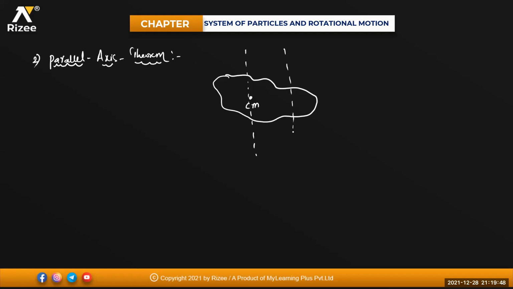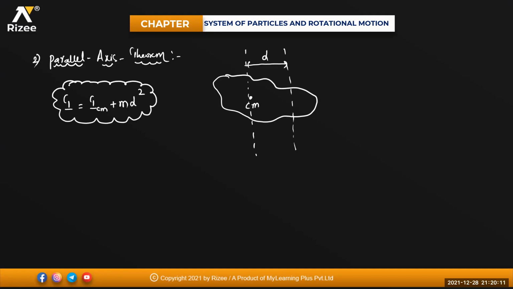Take another axis parallel to this one, which is at a distance of, say, some d. This is parallel to this one. Then I can write the moment of inertia of this body, I, will be equal to the moment of inertia passing through the center of mass plus the mass of that body m into d square. I is equal to your ICM plus m into d square.